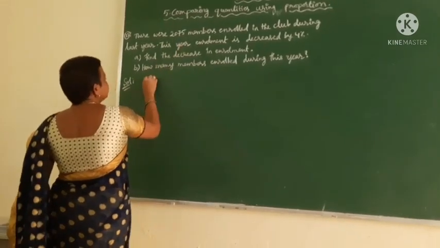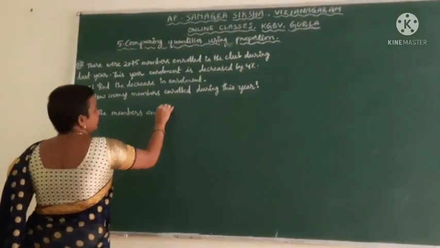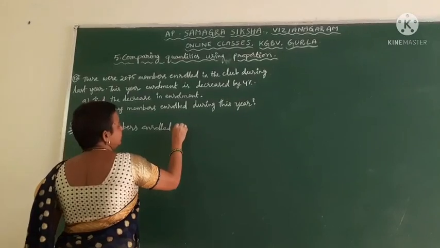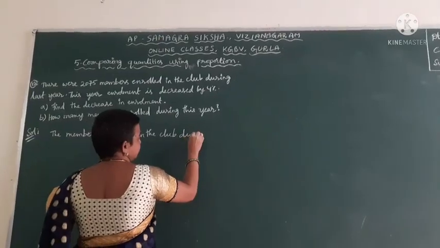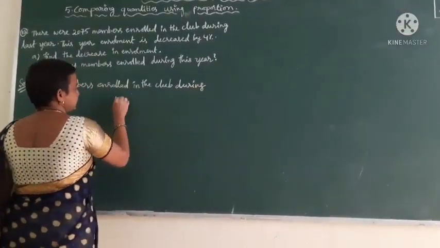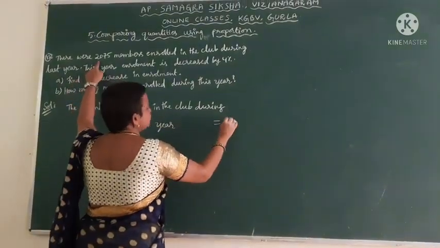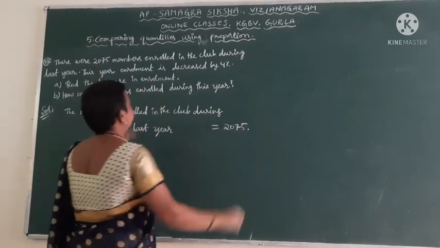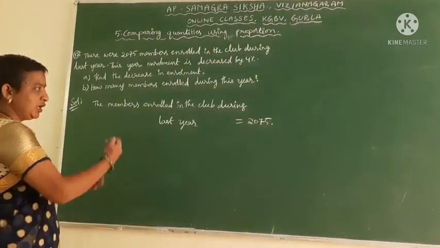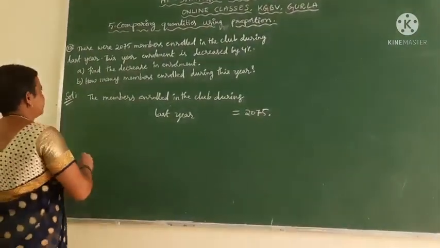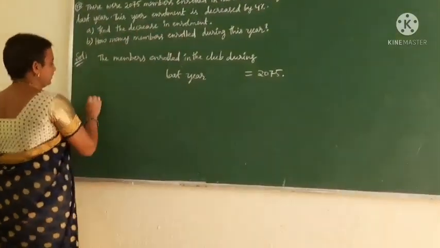The total number of members enrolled in the club during last year is equal to 2075. This year the enrollment is decreased by 4%. First, we have to find the decrease in enrollment.